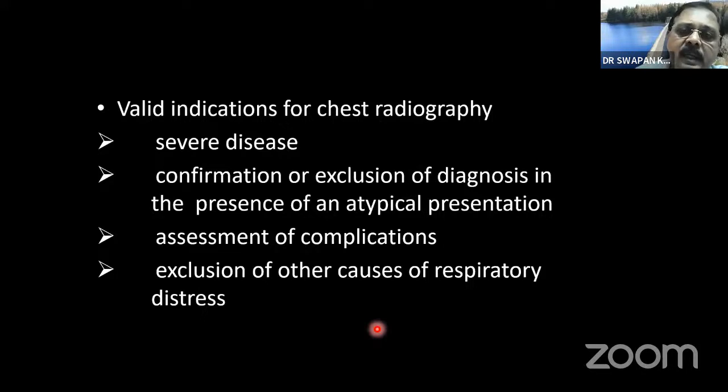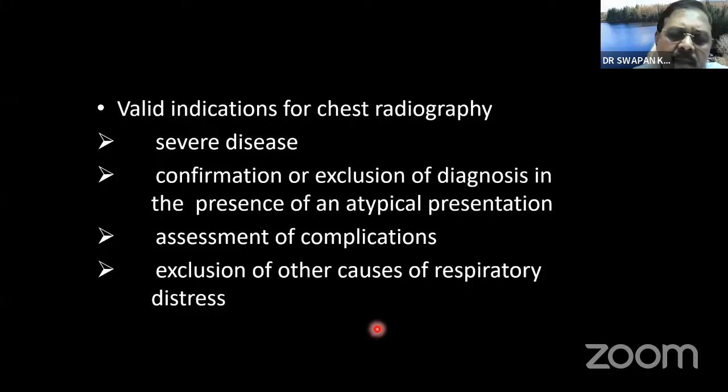Say a child has developed a lobar pneumonia, and now the child is not improving even after instituting proper antibiotics. So you must see whether the child has developed empyema as a complication or not. And other causes of respiratory distress, a lot of causes I will discuss when I show you the neonatal X-rays.